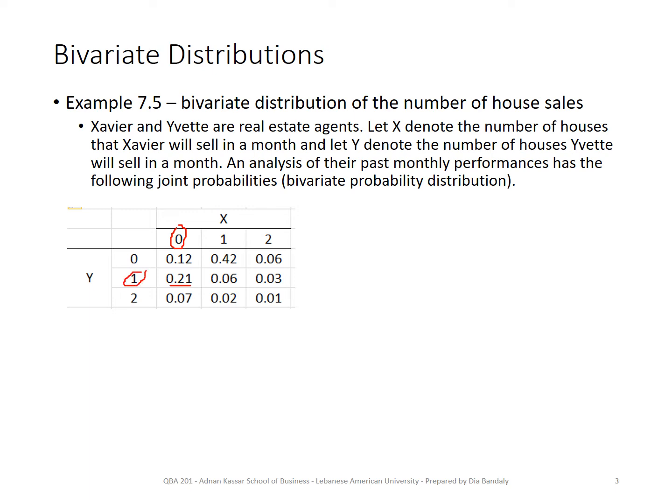And let's look at another one. For example, this one. What's 0.02? That's a 2% probability. There is a 2% chance that Yvette has sold 2 while Xavier has sold 1. All right, so this is how we read a bivariate probability distribution.